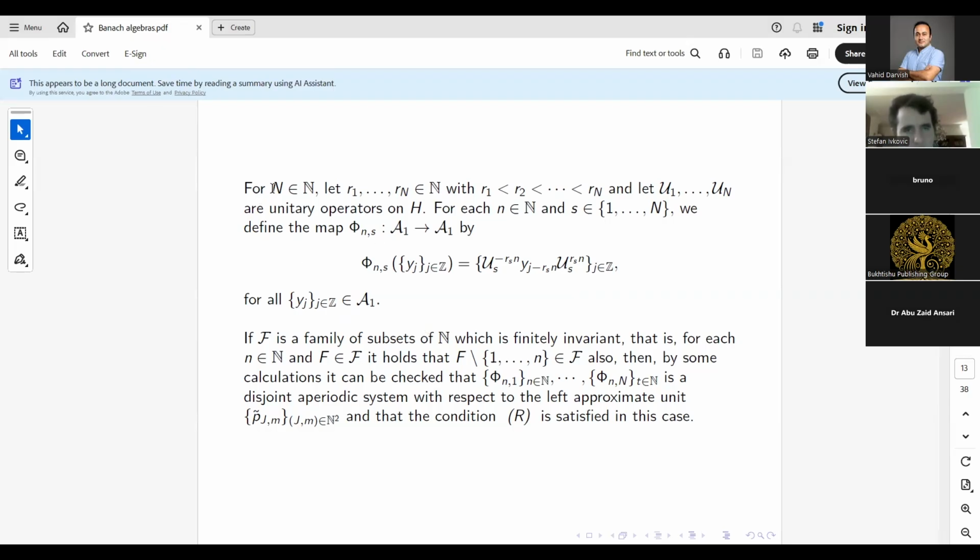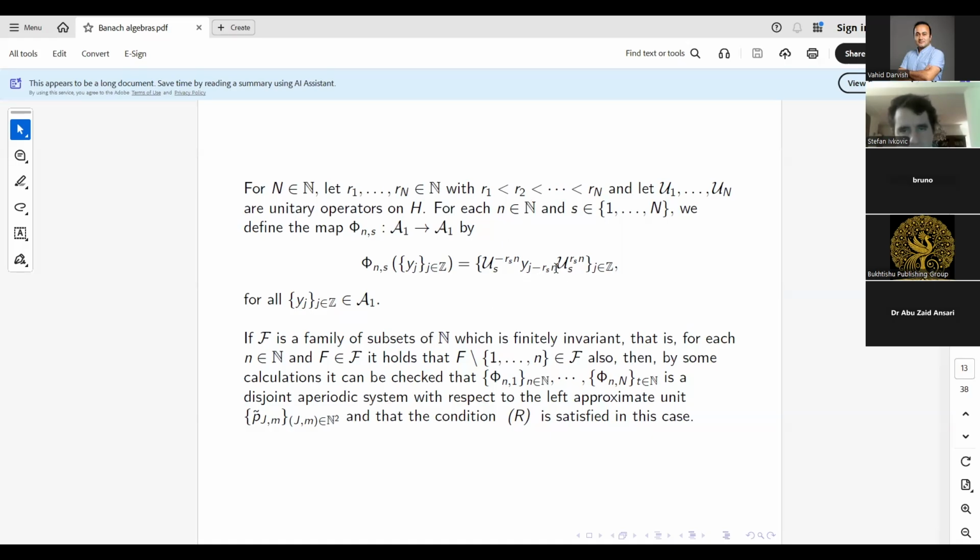Okay. So for a fixed n in N, we can take some natural numbers r_1 up to r_n, satisfying these, and then we choose some unitary operators U_1 up to U_n on H, and for each n in N and s in 1 up to n, we define this map on A1 given in this way here. When we apply this map to a sequence belonging to A1, we get another sequence in A1. How is this sequence defined?